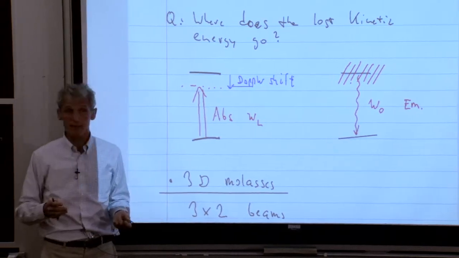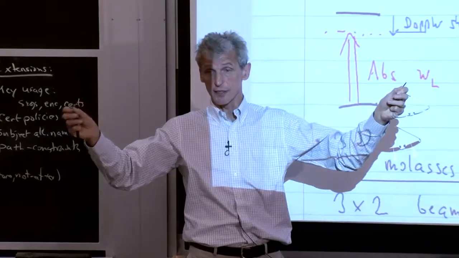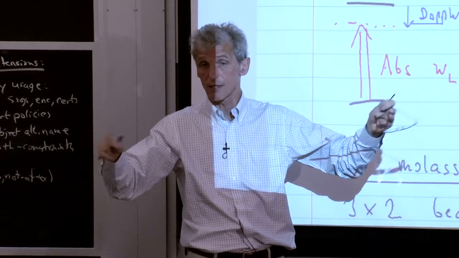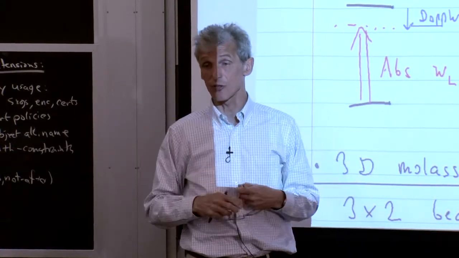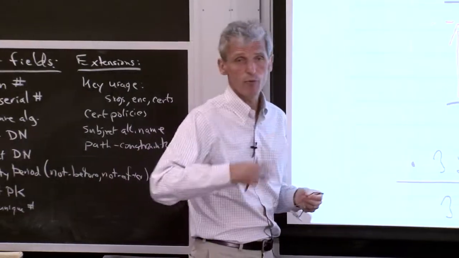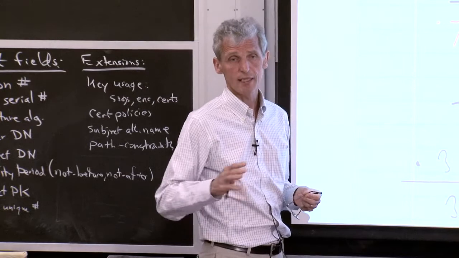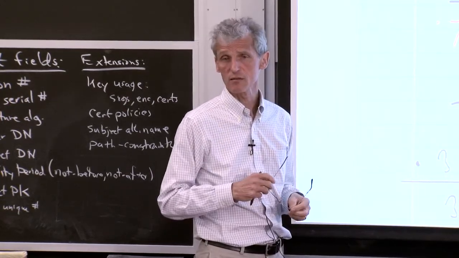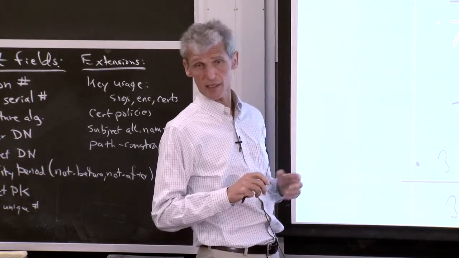But that makes sense. If you have a huge velocity and you subtract h bar k, the momentum of the photon, the kinetic energy is quadratic in velocity. The h bar k, the momentum transfer of a photon, takes out more kinetic energy the faster the velocity of the atoms is. So everything makes sense and is consistent.